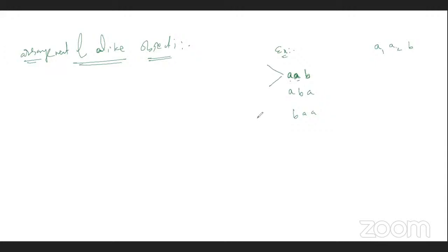What are the alike objects? These two, right? Yes, sir. Each case of arrangement of alike objects, further I can write like this. By observing this, can I write like this? A1, A2, B. Interchange these two: A2, A1, B. Same for this also: A1, B, A2 and A2, B, A1.